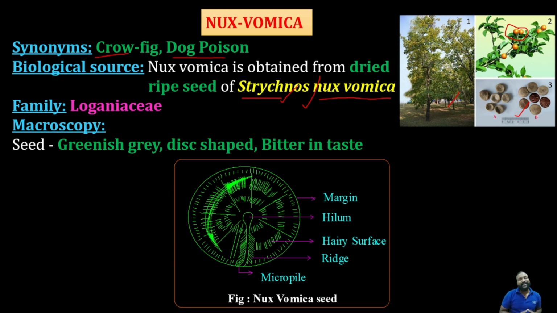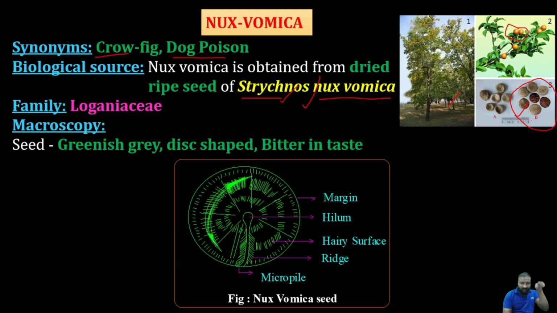Most of these seeds, when we look at the microscopy, are greenish grey in color and disc shaped.